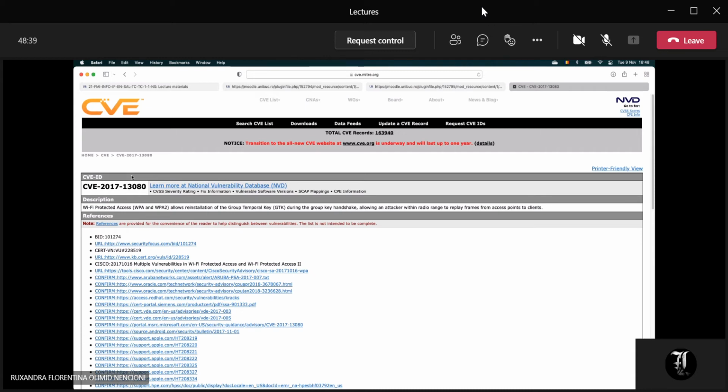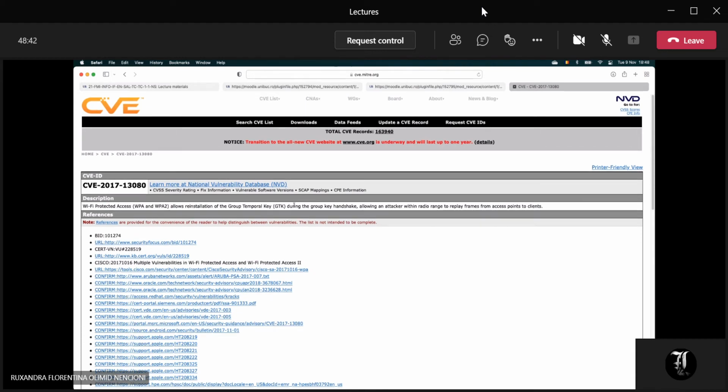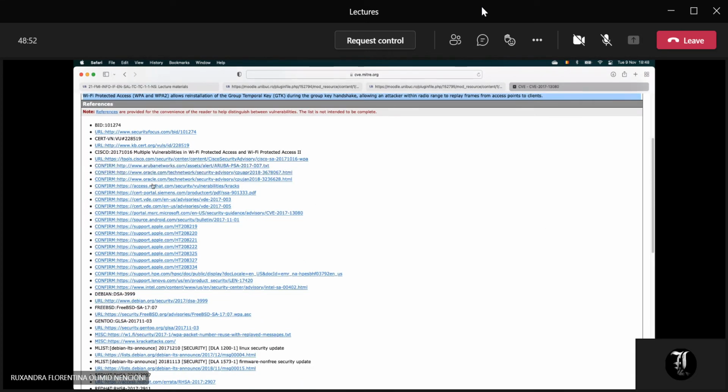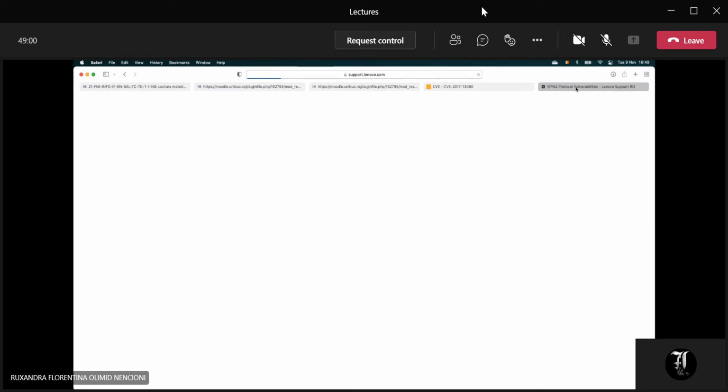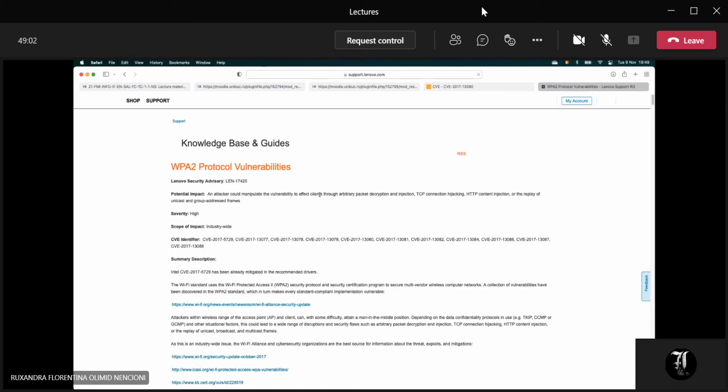So you go here and check, and you see the description and you see it's related to Wi-Fi, it's related to the group temporal keys. And then you have a lot of confirmations here. Maybe we have some Oracle, some Apple support, some Lenovo, whatever. You choose one, you try to understand what's there.